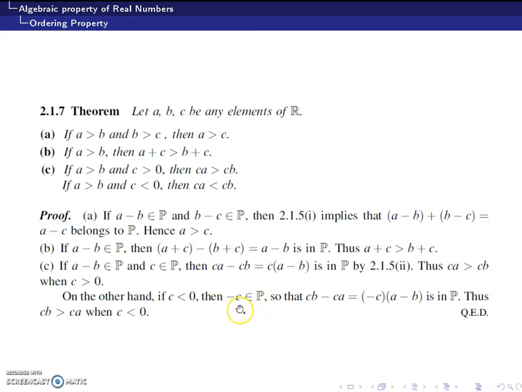So A minus B into minus C is also an element of P, which is minus C into A minus B, that is CB minus CA, which is an element of P. So by the definition of inequality, CB minus CA is an element of P implies CB is greater than CA, which is what we have to prove.